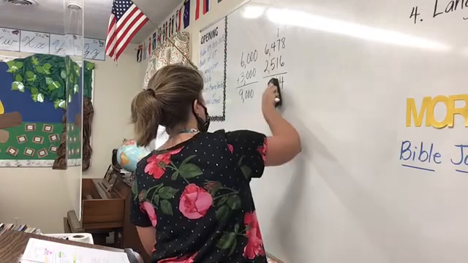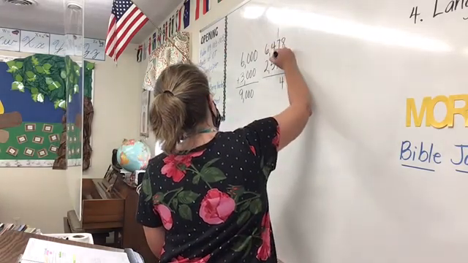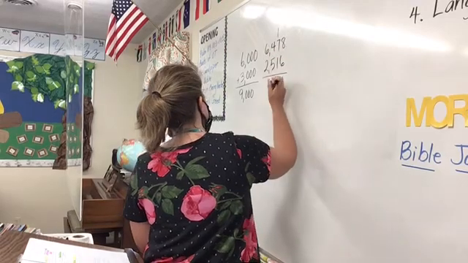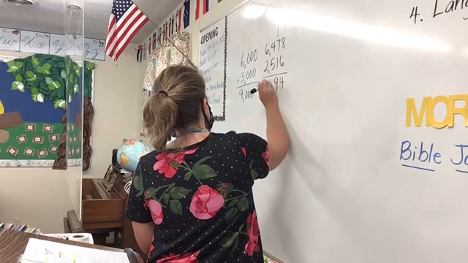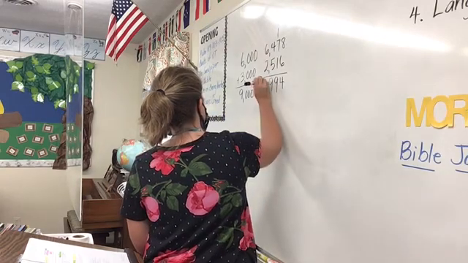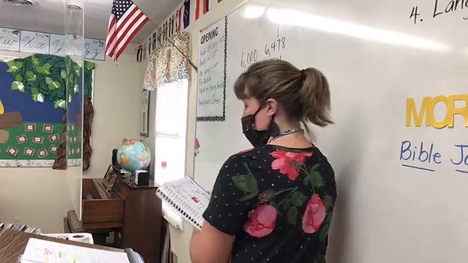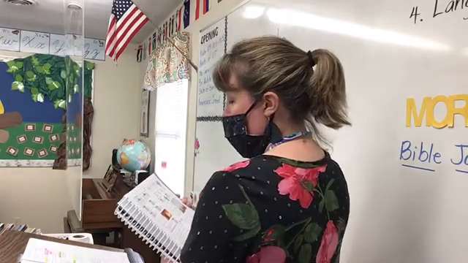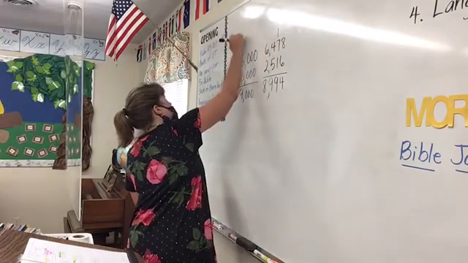We have to carry it up here and then add it in. So 1 plus 7 plus 1 is 9. 4 plus 5? 9. 6 plus 2? 8. Okay, so 8,994 is close to 9,000. Okay, that was number 7.